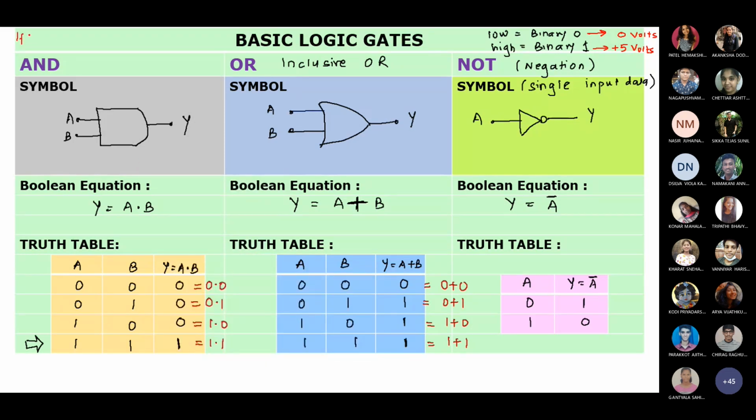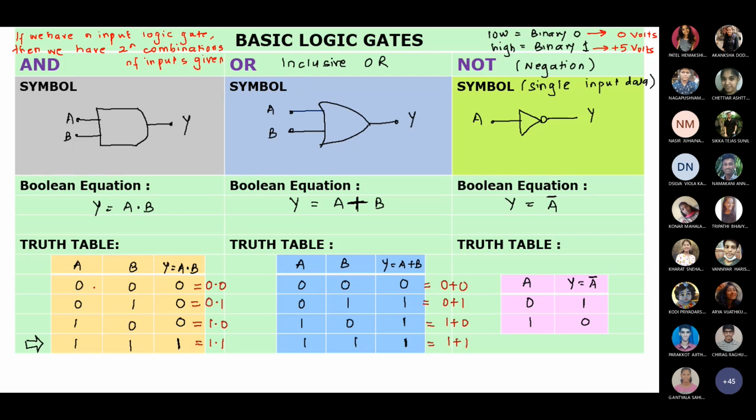If we have n inputs, then we have 2 raised to n combinations of inputs given to the gate.